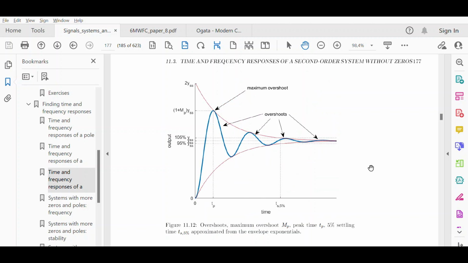In the lecture notes, you can also find this figure where several important points of the step response of an underdamped second-order system without zeros are marked.